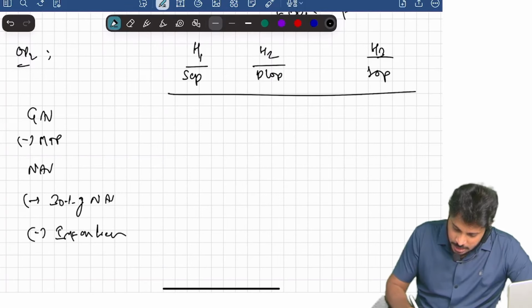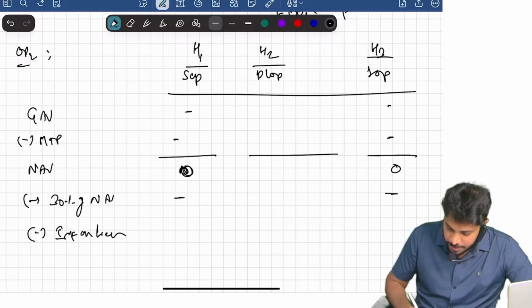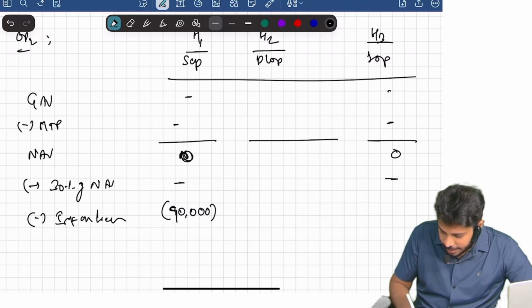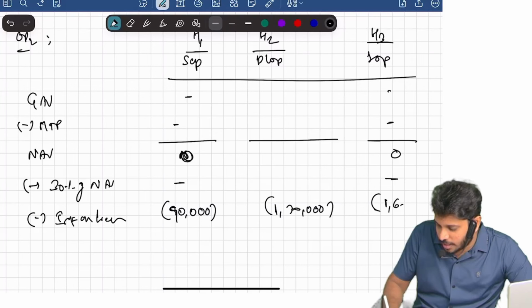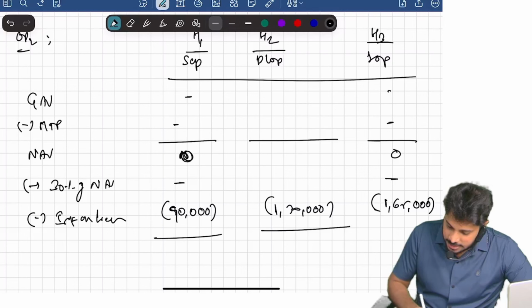Now for this, not applicable. Therefore NAV is equal to 0 directly. Whereas in the middle, again here it is not applicable. Interest on loan 90,000 they have given here, 1,70,000 here, and 1,65,000 here. Are you clear? Now the balance answer I will have to compute.